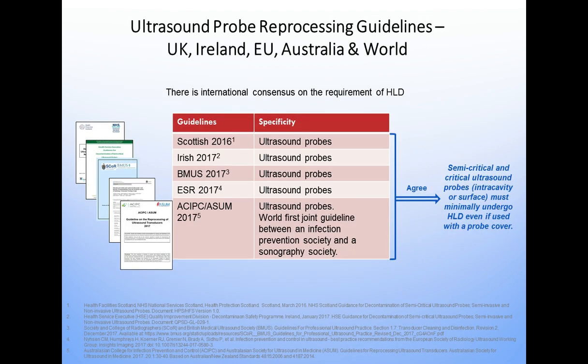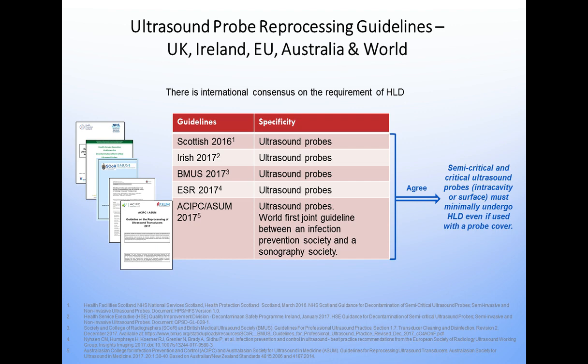And if we look internationally, again, this year there has been a lot of activity in this area. In Scotland, last year, we saw new guidelines come out, but since then, Ireland has released guidelines, the British Medical Ultrasound Society has released guidelines, the European Society of Radiology has released guidelines, and also ACIPC, the Australasian College of Infection Prevention and Control, has released a joint guideline with ASUM, the Australasian Society for Ultrasound in Medicine.